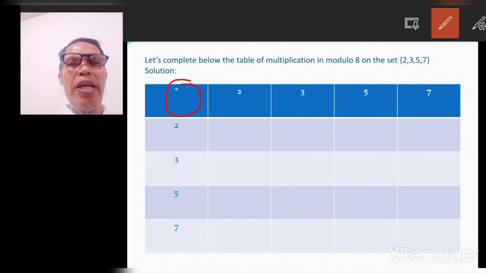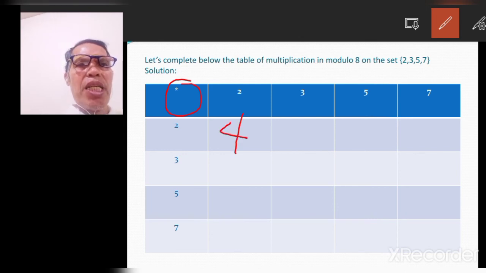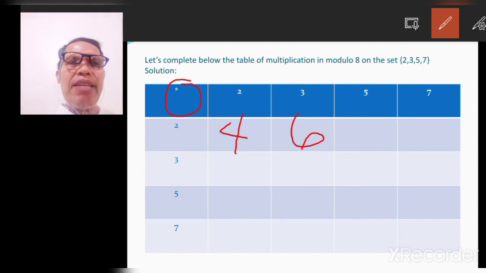Now, 2 blue times 2 white is 4. 2 blue times 3 white is 6. 2 blue times 5 white is 10. You cannot put 10 because the last element is 7. The residues must be one of the elements in the set or in the table. So, you cannot put 10.